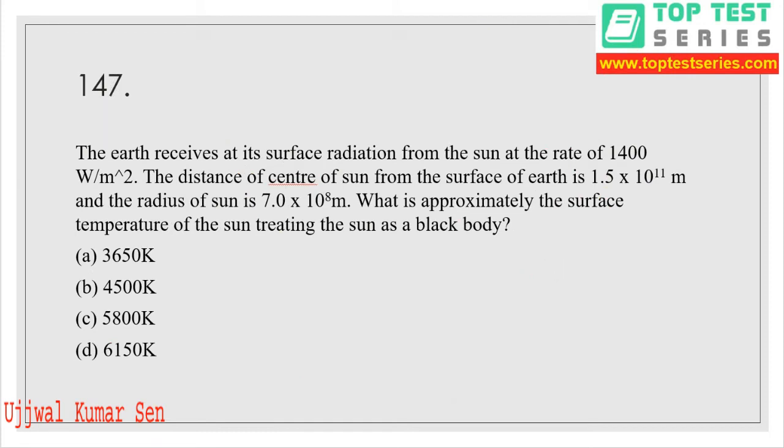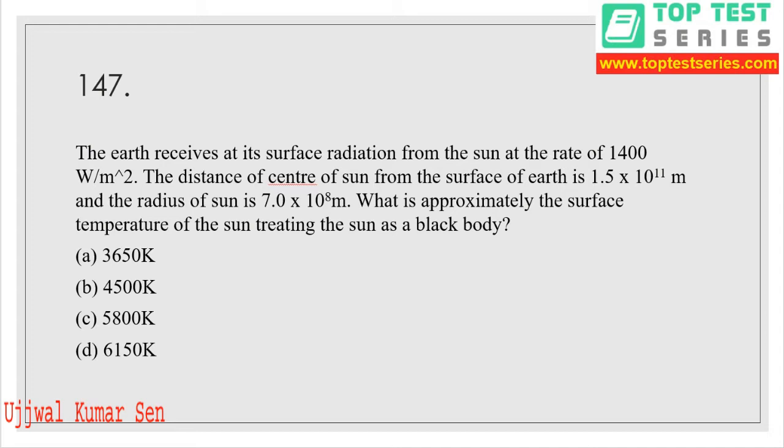Question number 147, right? The earth receives radiation from the sun at its surface at the rate of 1400 watt per meter square. The distance of the center of the sun from the surface of the earth is 1.5 into 10 to the power 11 meter. The radius of the sun is 7 into 10 to the power 8 meter.